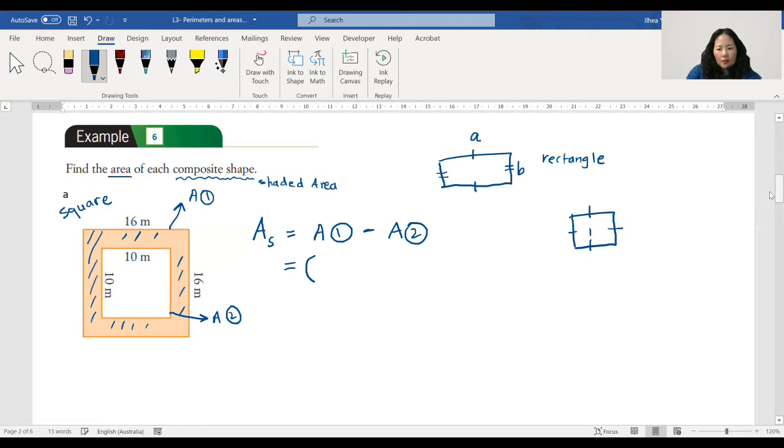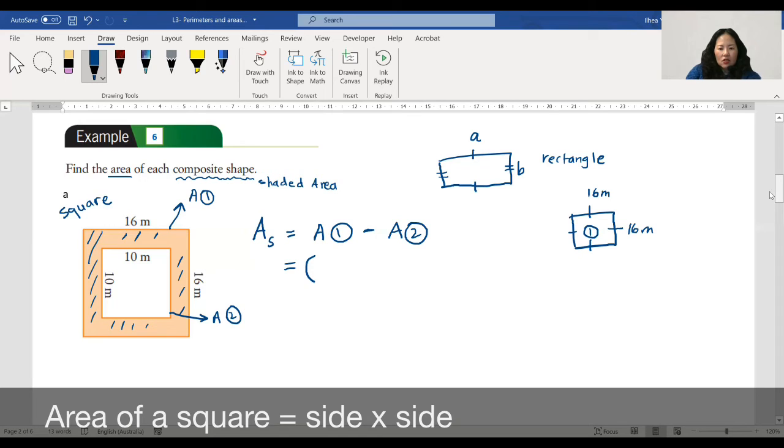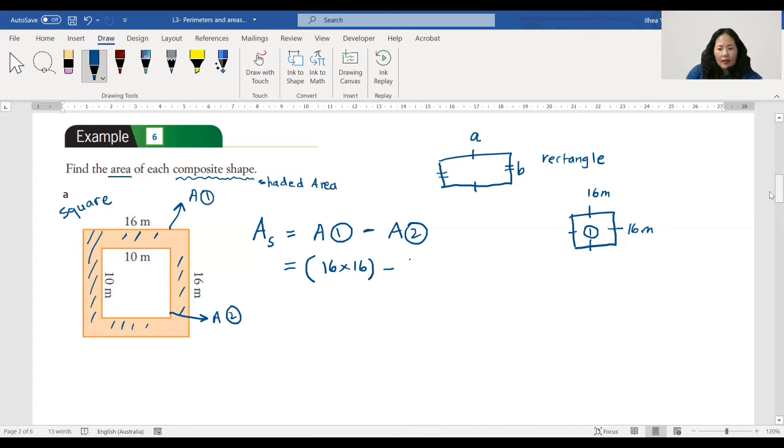I'm looking at the big square right now, which is 16 meters by 16 meters. Side times side is the square, so 16 times 16 is the area for the big square. The little square is all the same size, 10 meters, so I'm going to go with 10 times 10.